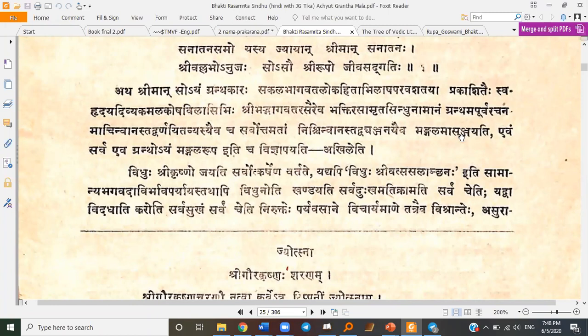Yeah, this can also mean, no issue. Means in this particular verse, Akhila Rasamrita Sindhu and so on, he is also attaching auspiciousness for the jivas.